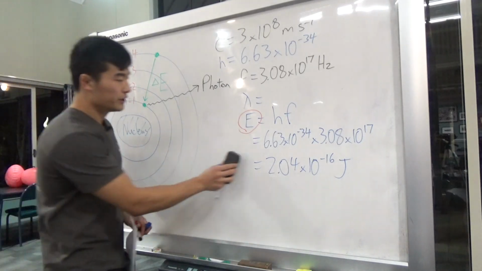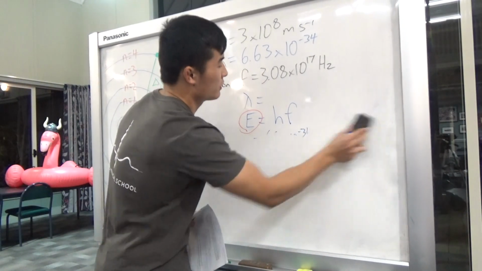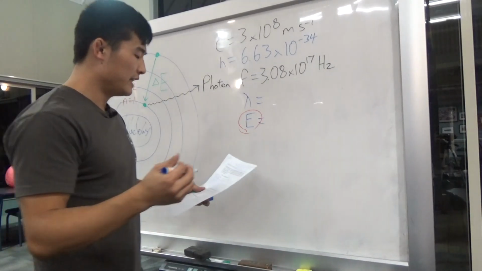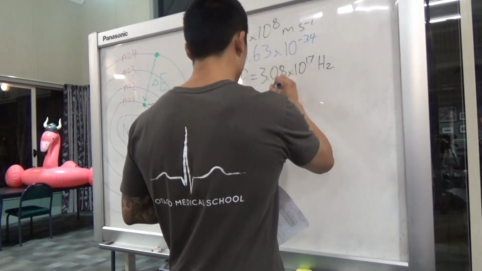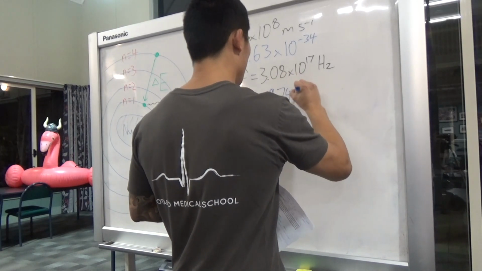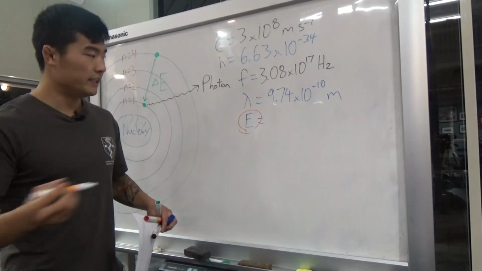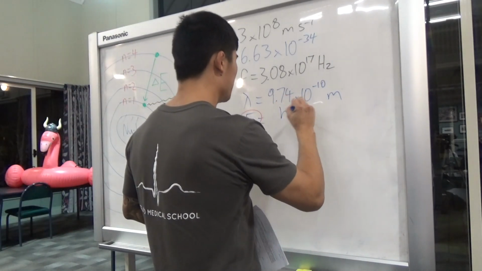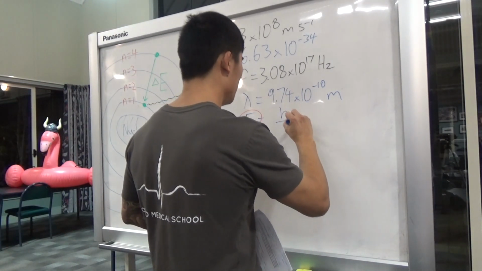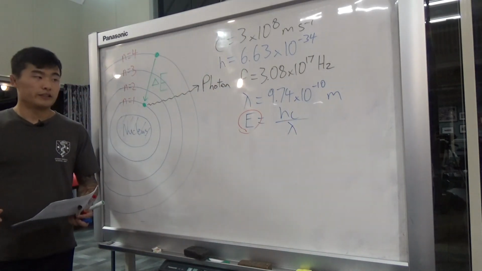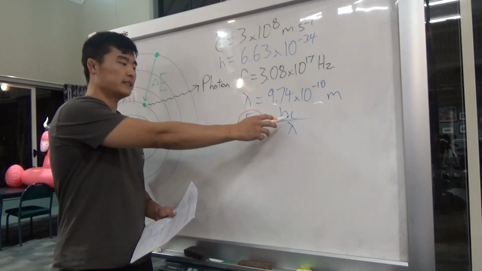We know the wavelength was 9.74 times 10 to the negative 10 meters, right? So energy is equal to hc over the wavelength. H is Planck's constant, c is the speed of light.